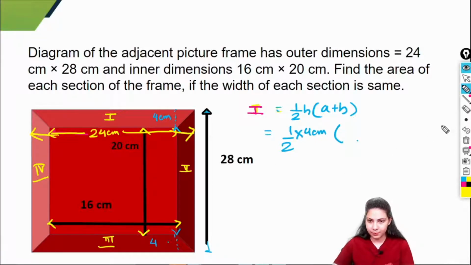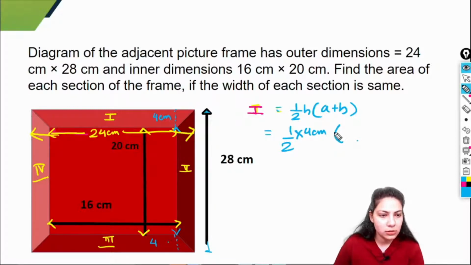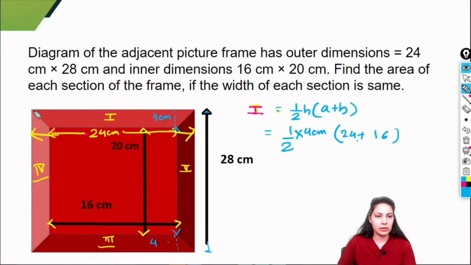Yeah. So this is 24 plus 16. See, this is 24 and this is 16 and this is 4.